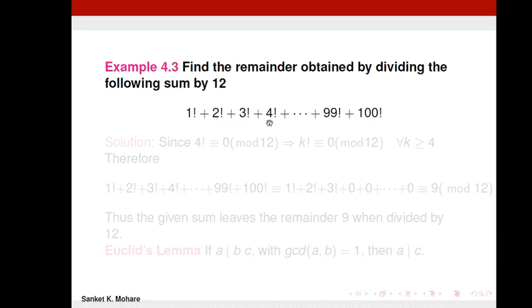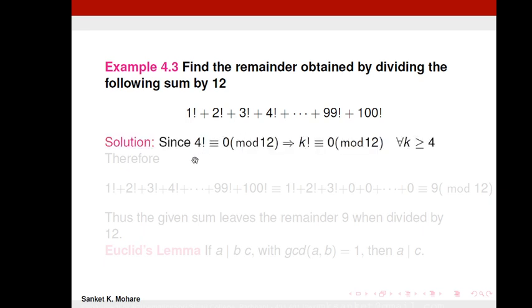Similarly 4 factorial is equal to 4 multiplied by 3 multiplied by 2 multiplied by 1, which is equal to 24 and so on. So here we have to find the remainder obtained by dividing this sum by 12. So let's have the solution.